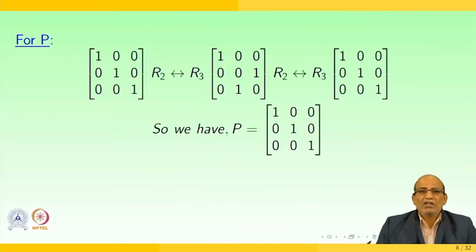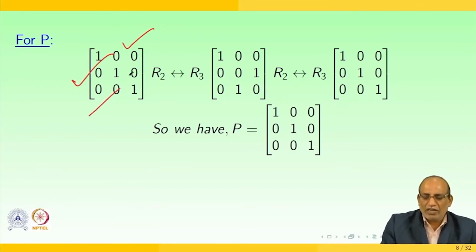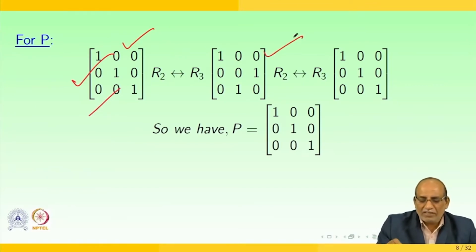Right? Now, for P, what is the P matrix? The P matrix which you have chosen, the same kind of operations I will do. 1 0 0, 0 1 0, 0 0 1. R2 and R3 interchange, I will keep R1 as it is. R2 R3 will be 0 0 1, 0 1 0.